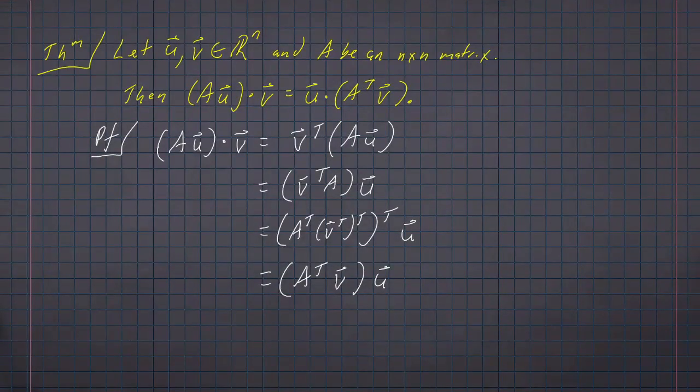And finally, a vector transpose times another vector is one of the forms we can use to describe the dot product. Getting us exactly where we said we wanted to get to.